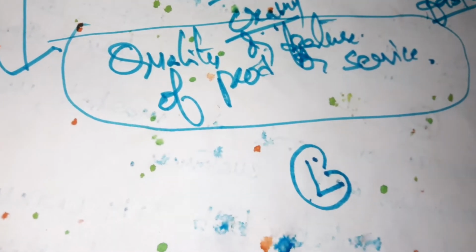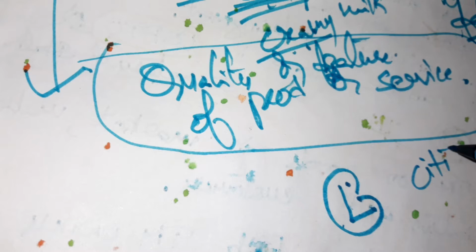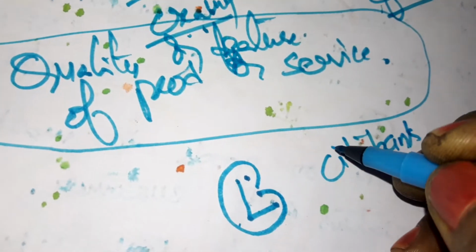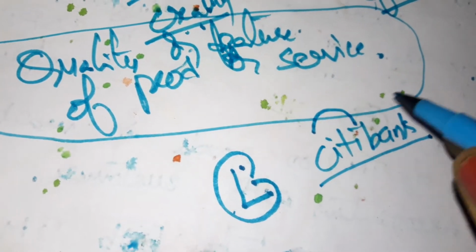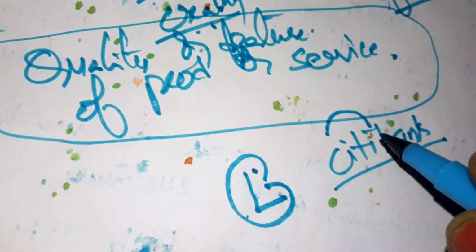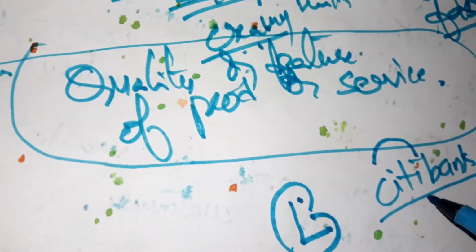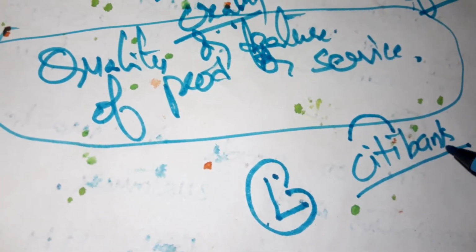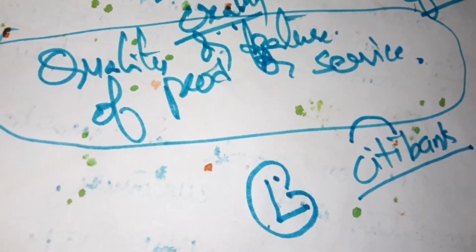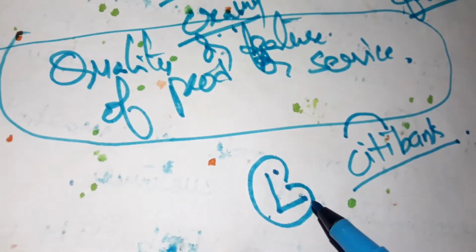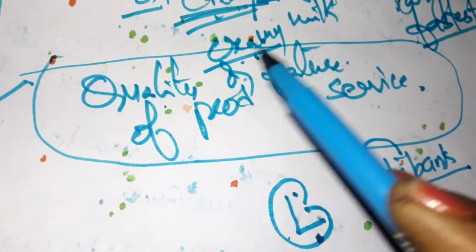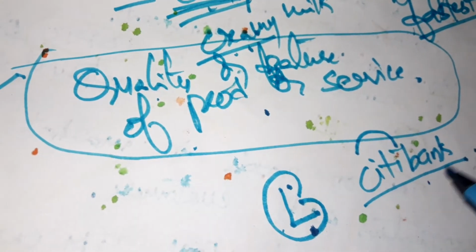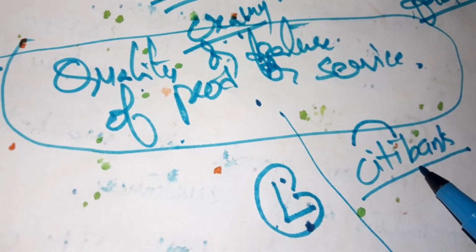You can come to know by seeing this Citibank symbol what type of services this bank is providing. So here suggestive mark represents quality or feature of the product or service. Citibank represents services.